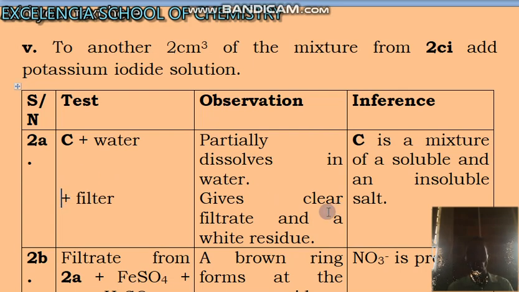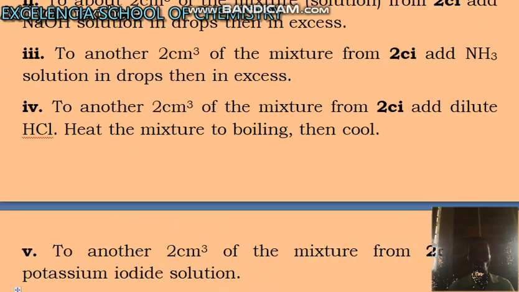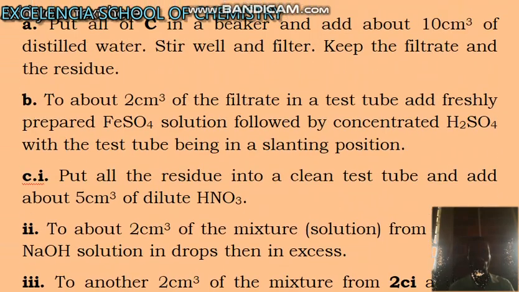And coming to number 2, that is the B part of it, it says to 2 cm³ of the filtrate, add freshly prepared FeSO4 solution followed by concentrated H2SO4, with the test tube in a slanting position.